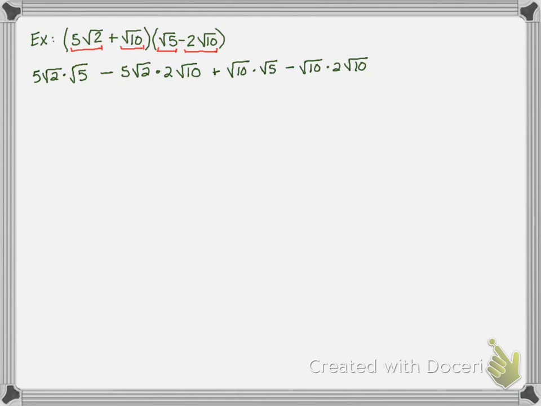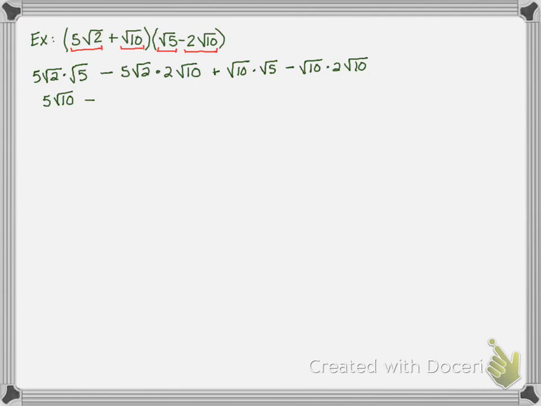So now we'll do that multiplication in the individual terms. So square root of 2 times square root of 5 is the square root of 10. So here, one thing to keep in mind is you can multiply any two factors that are not under the radical. You can multiply any two factors that are both square roots, but you can't multiply numbers outside with numbers inside.